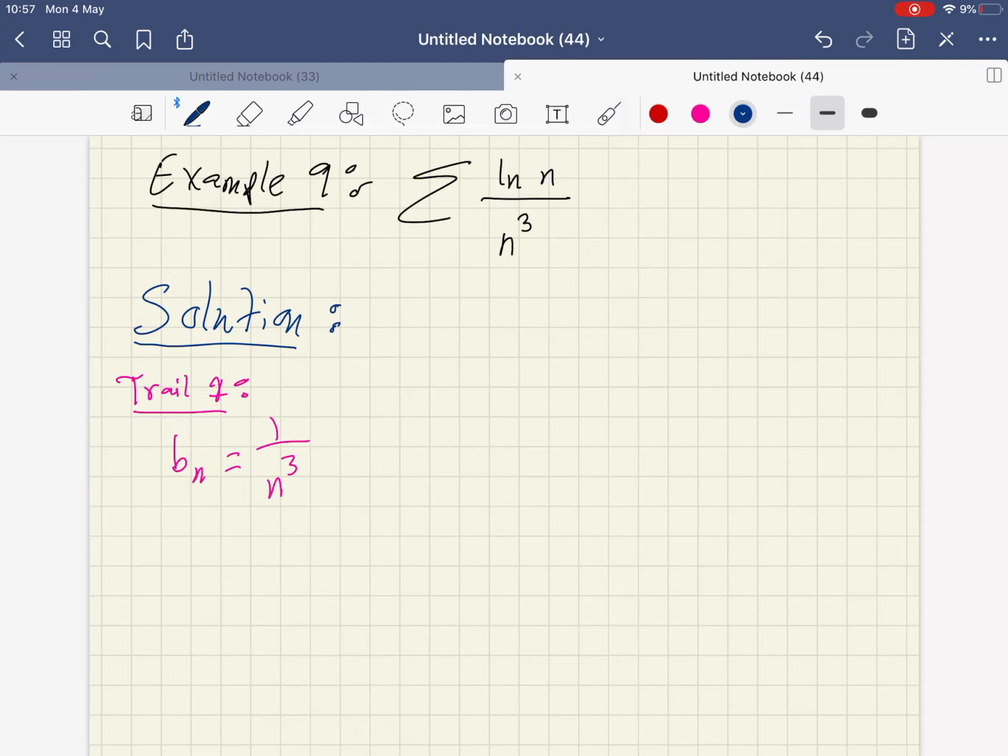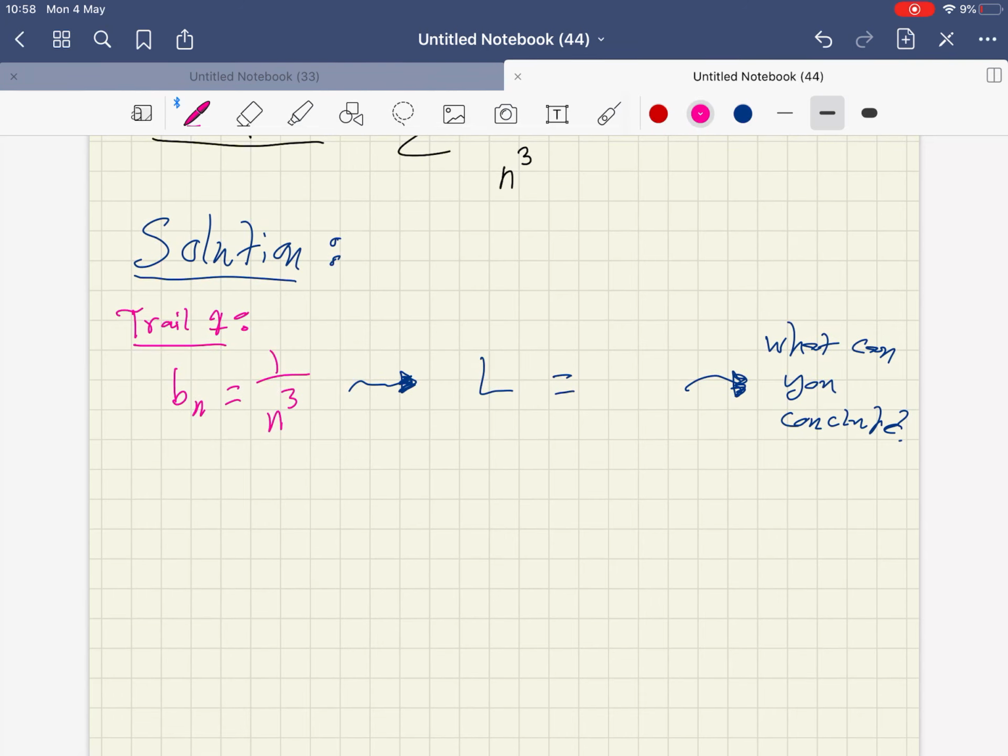Okay. I want you to practice by yourself. Find for me the L and tell me what you can conclude. Trial number 2. I want you to use Bn equal 1 over n squared.